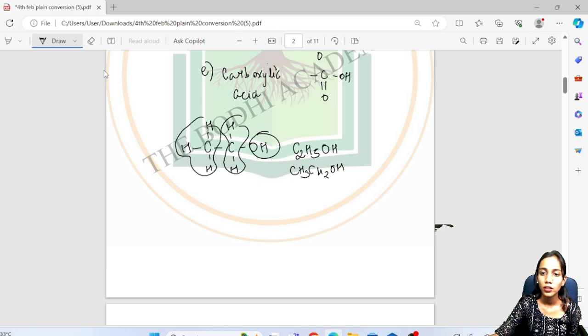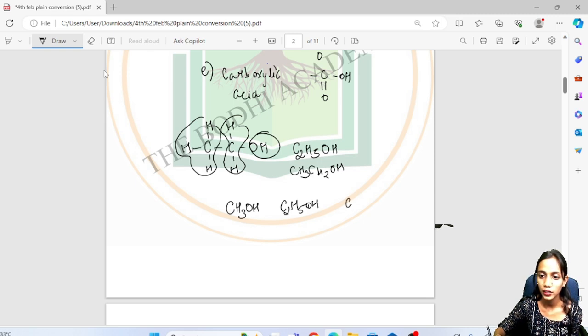Now sometimes it happens that a series of carbon compounds are substituted, the hydrogen is substituted by the same alcohol group, and this series is called a homologous series. For example, if I take one carbon, it will be CH3OH. The second one, two carbons, C2H5OH.